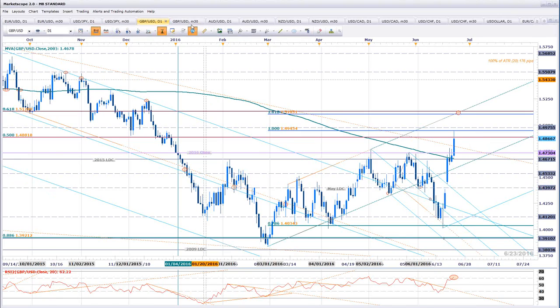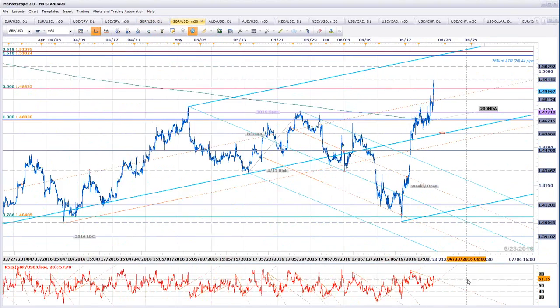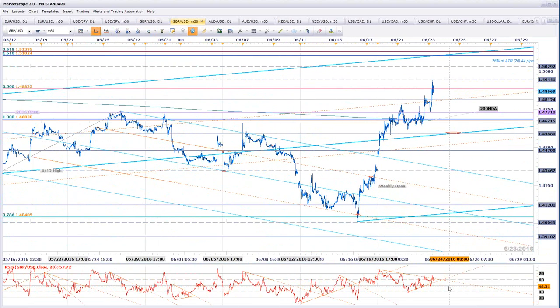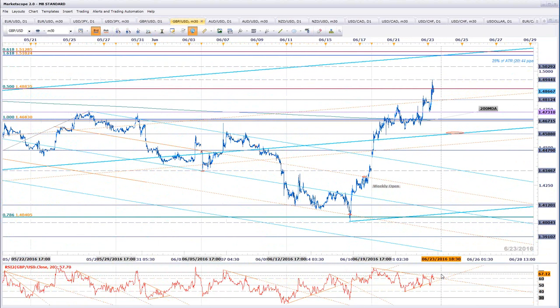Here's what it looks like on the 30-minute. Now, again, you're not making higher highs in momentum by any magnitude. In fact, on those last two highs that you made, you got some divergence continuing to build. As we head into these major event risks, guys, you do want to rely less on any type of oscillators. Price action will tend to move a lot faster than the oscillator will peg.